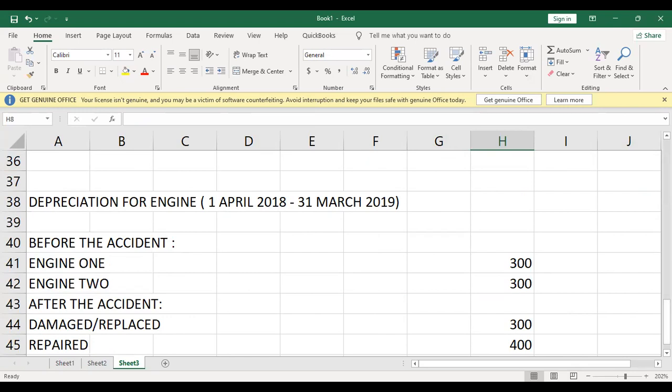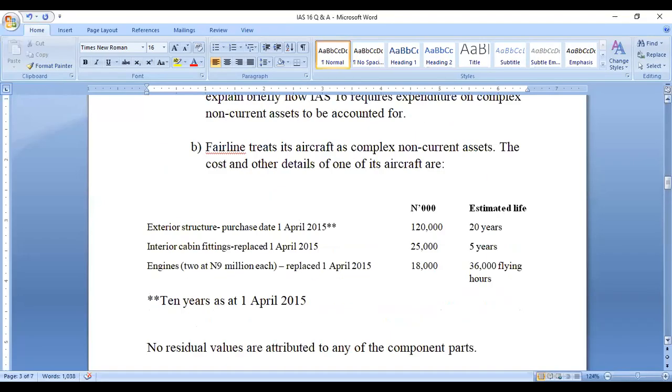So let's take the question. 1 engine was purchased for 9 million. 2 was for 18 million. So if we are to calculate for the 2, we would have used 18 million at a go, or you do it separately. Like now, I've separated them, engine 1 and engine 2. Okay, so we're done for engine.